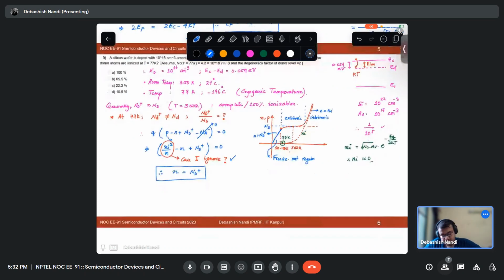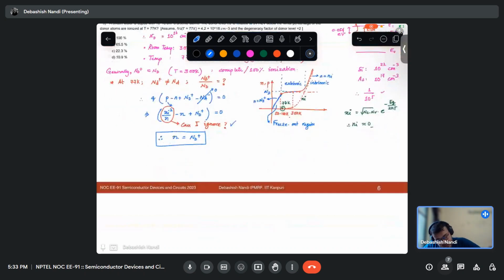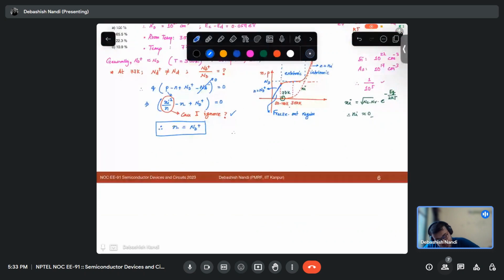Now how do you compute this? If you have gone through the lecture, you will come across this formula: Nd plus would be equal to Nd over 1 plus Gd into exponential Ef minus Ed over Kt. Have you seen this formula?